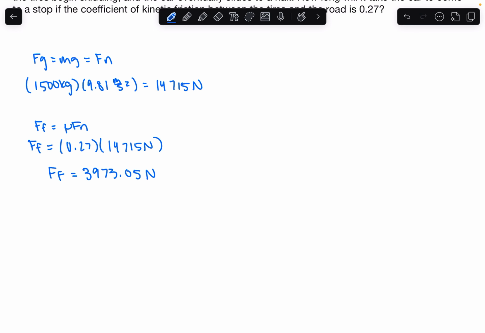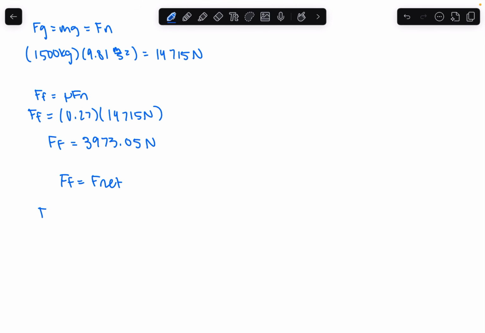Now we know what Ff is, so let's connect that back to F net, because we need to use the equation F net equals ma to solve for acceleration. Remember, in this question, it says that the car is braking. So the only force being applied to the car is the force of friction, which is stopping it. So in this scenario, Ff equals F net. Now we can plug in F net equals ma.